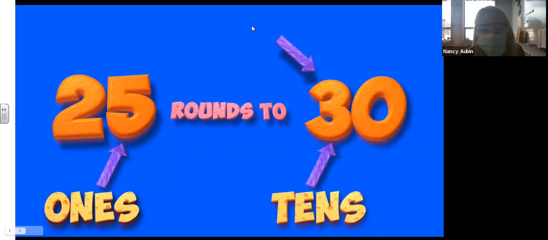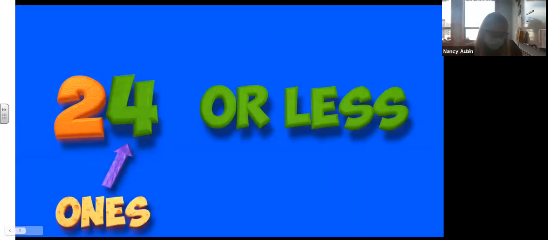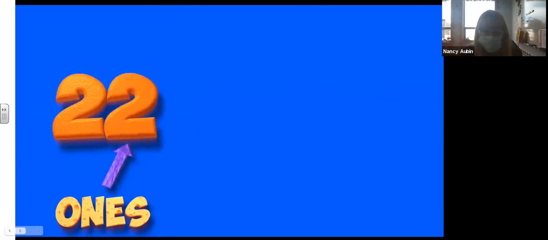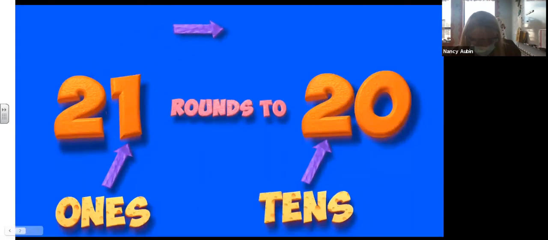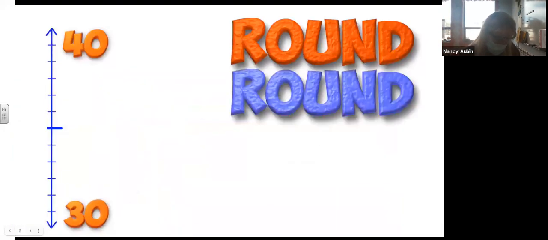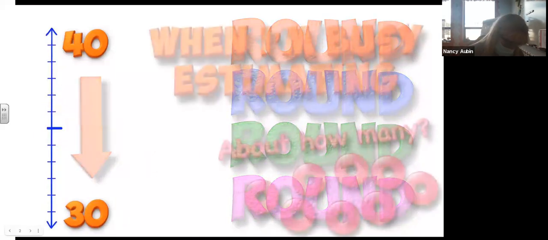It rounds to the next 10 every time. If you see 4 less in the ones place, 4, 3, 2, go, you get 1. If you see 4 less in the ones place, the 10 stay the same, then you're done. The 10 stay the same, then you're done. Round, round, round and round. Round it up or round it down.